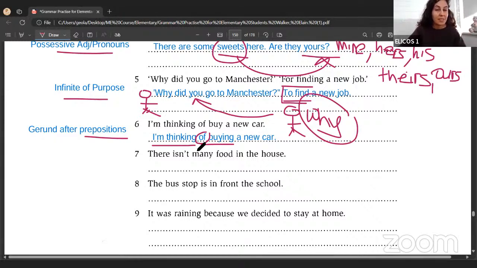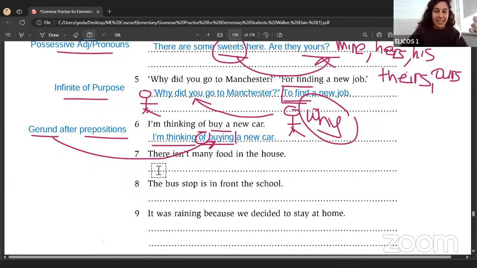I'm not sure. I'm not 100%. I'm just thinking. And then "of", it must be a gerund here. Remember, your gerund means the -ing. So, I'm thinking of buying a new car. It's just a plan. I'm not 100% sure yet. So I'm telling someone this is just my plan.